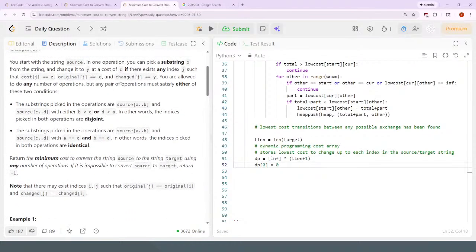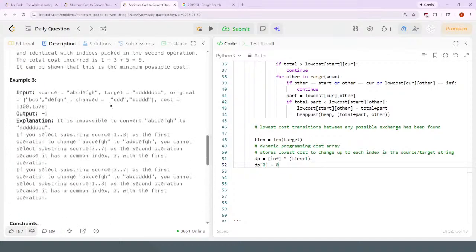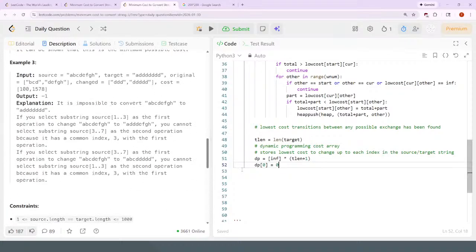But here it's any number, so I don't need to keep track of how many operations have been done. So I don't think it needs to be a 2D DP matrix. It could possibly even be a 1D matrix. Nah, I think it has to be a one-dimensional array.